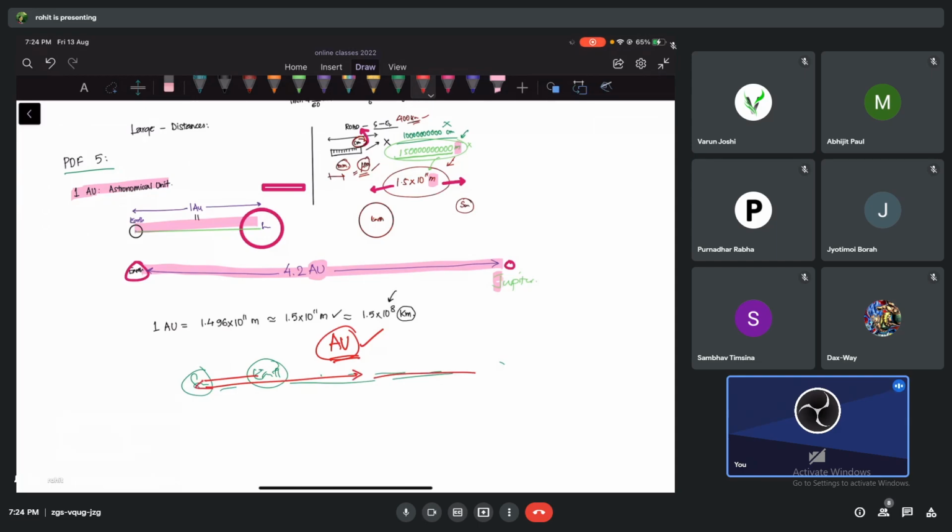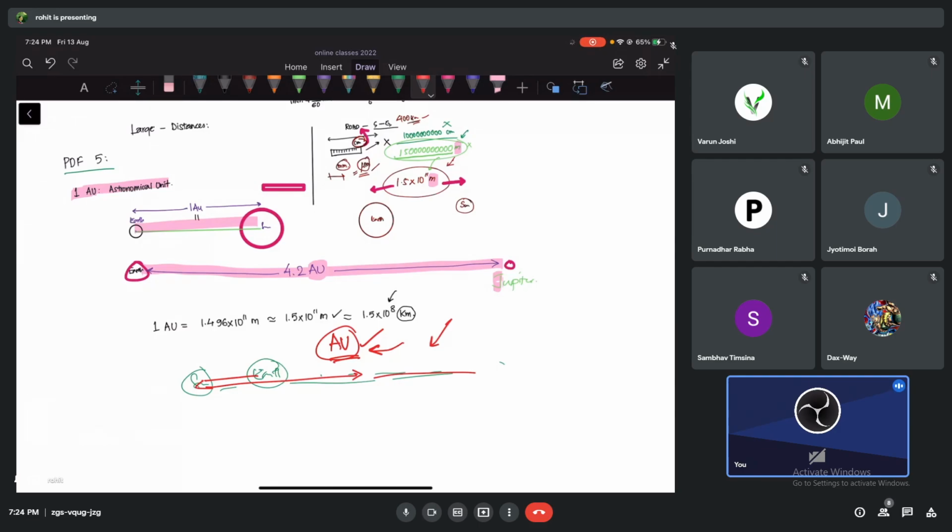But if I start comparing the solar system with our galaxy, does AU remain a good unit, or does it become a smaller unit? Smaller. Just imagine the distance between the Milky Way and some other galaxy; the AU becomes very, very small.